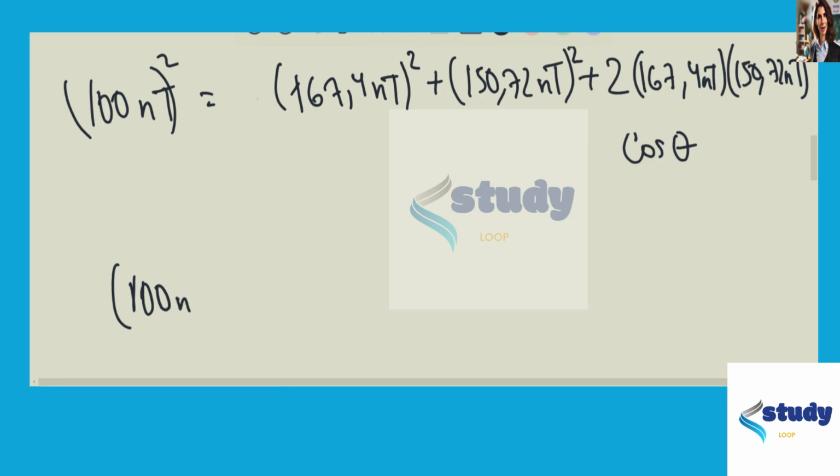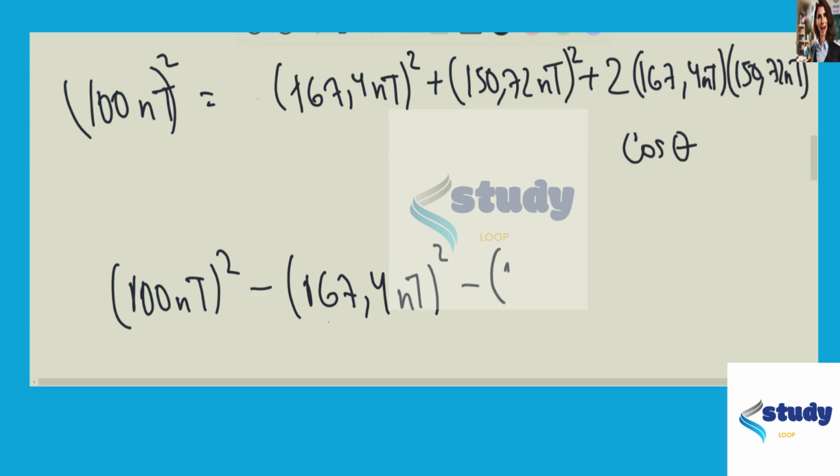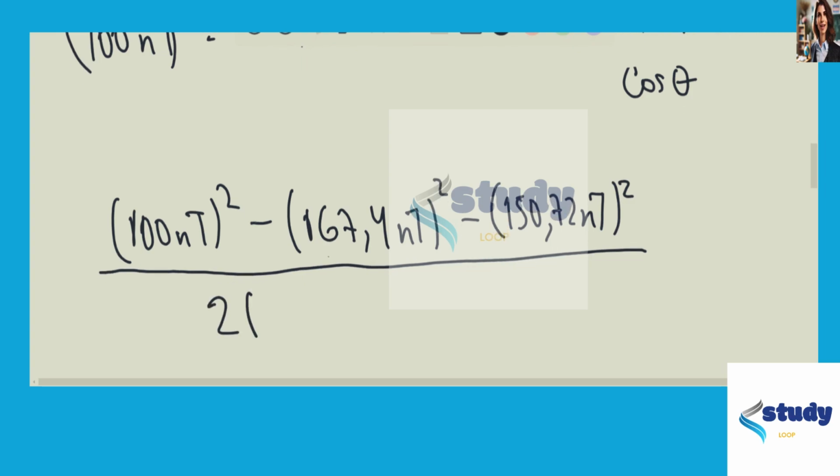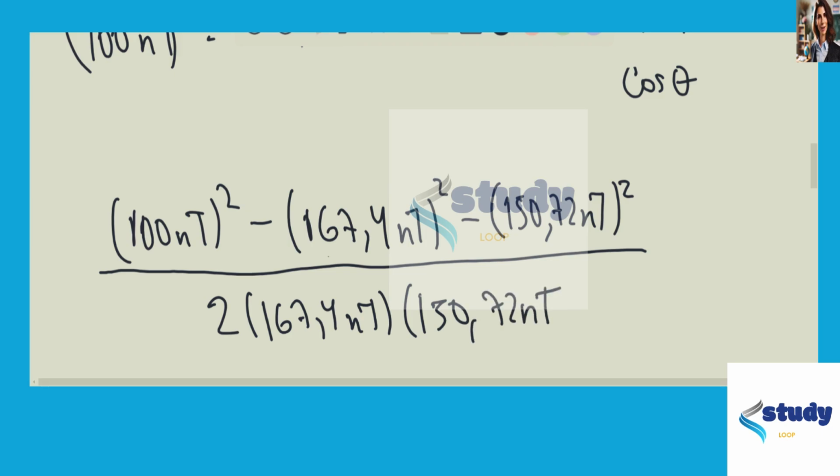We'll have this minus 6.4 minus this, and all of this divided by 2 times the product, which is equal to cosine of theta.